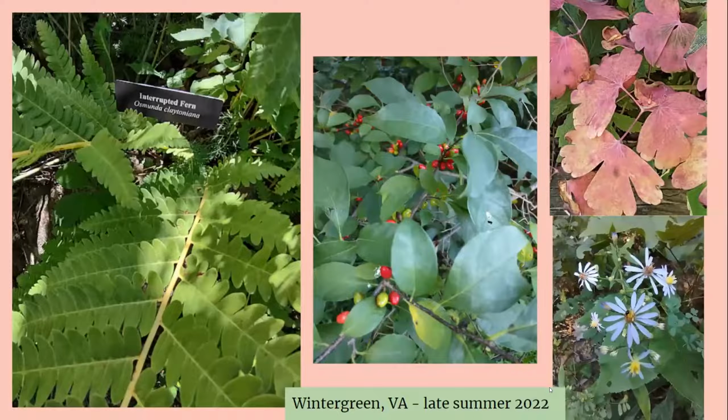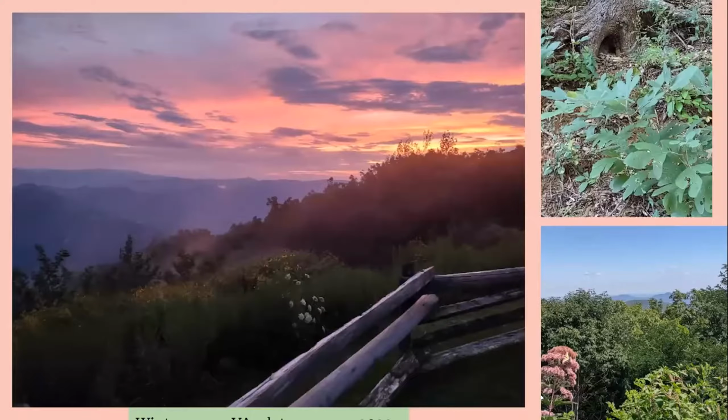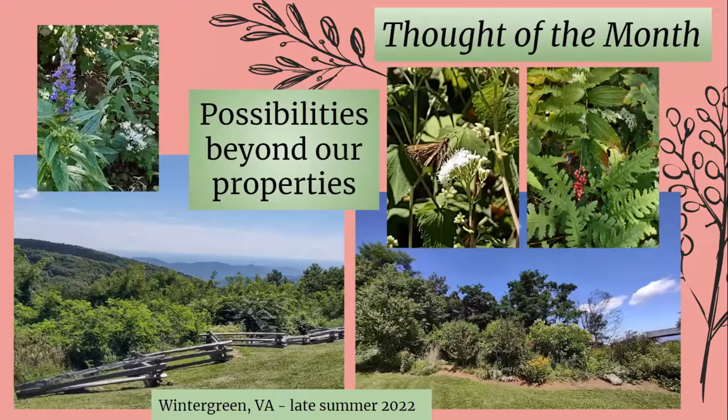This is in Wintergreen, Virginia, in the mountains. You can see on the bottom right, this is one of the gardens that they maintain. It is just stunning. Susan, I know, the list of about 20 different natives that I sent you today, it's too much to go into tonight.